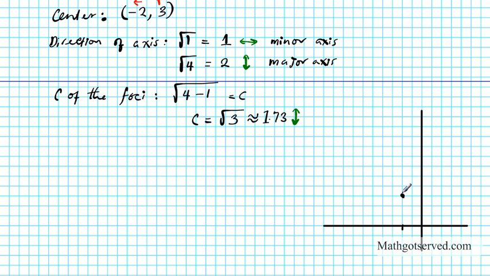So we're going to go 1 unit side to side, 1 to the right, and 1 to the left, and then 2 units up and down, 1, 2, and go down 1, 2. All right. So there goes your ellipse. We'll just connect the dots, and that will be the graph of our ellipse. Like this, and then like that. Okay. All right. Now we're gonna start labeling it.